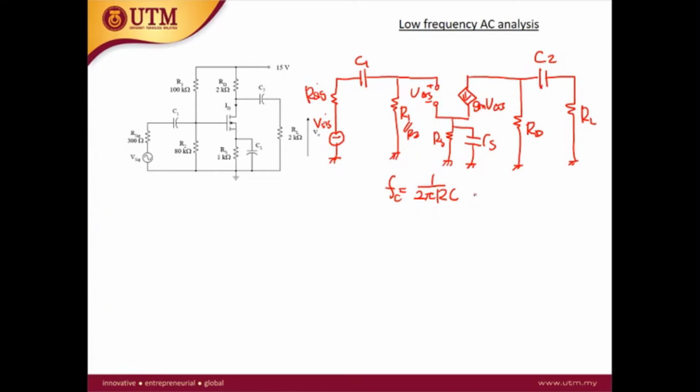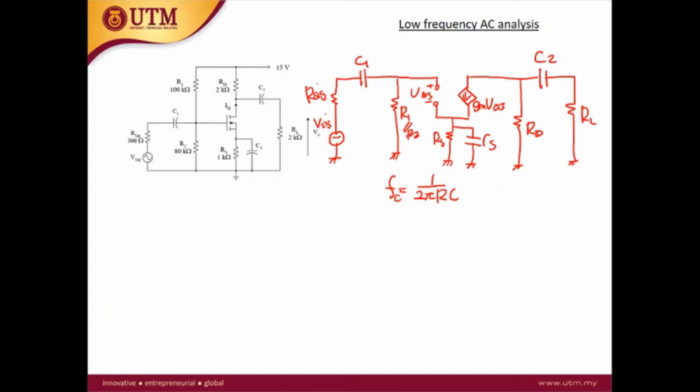For example, if you analyze the contribution of C1, we assume the CS and C2 are short circuit. When we analyze CS, we assume C1 and C2 are short circuit. And lastly, when we analyze the contribution of C2, we assume CS and C1 are short circuit.